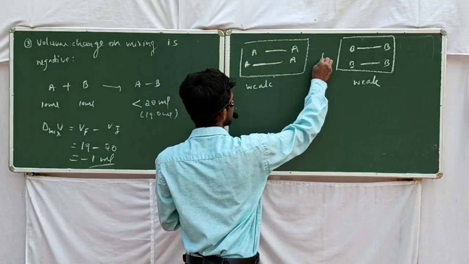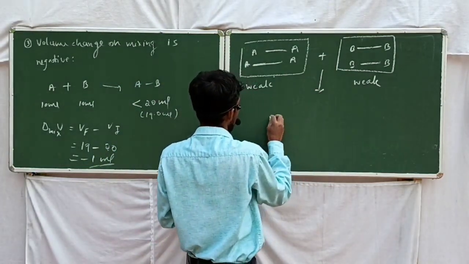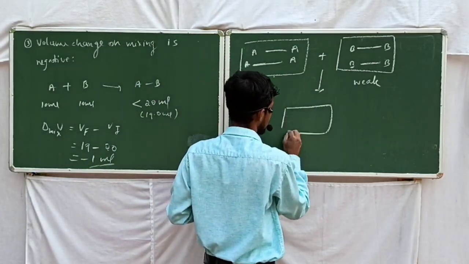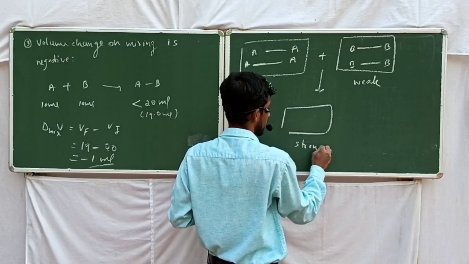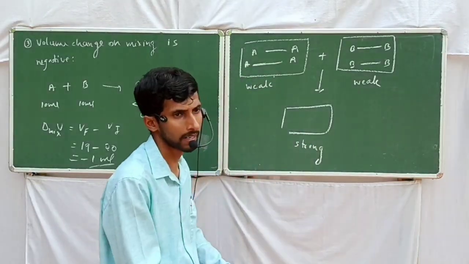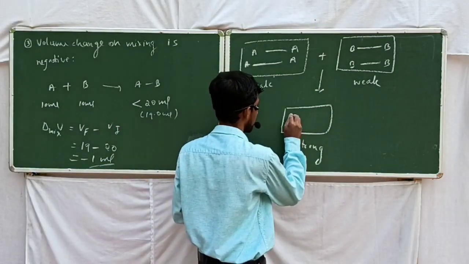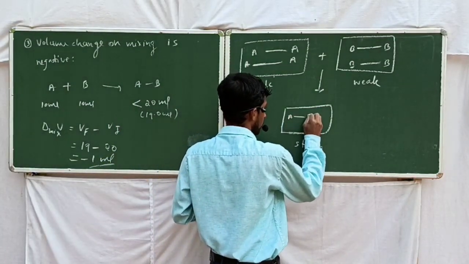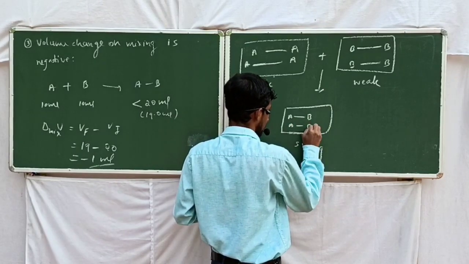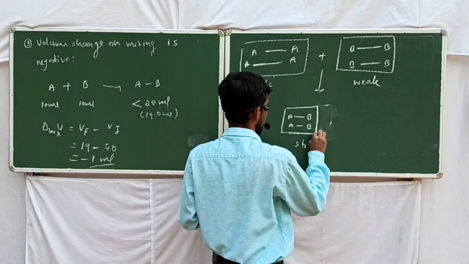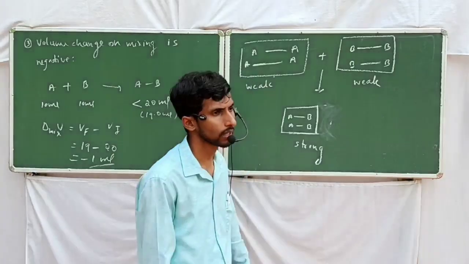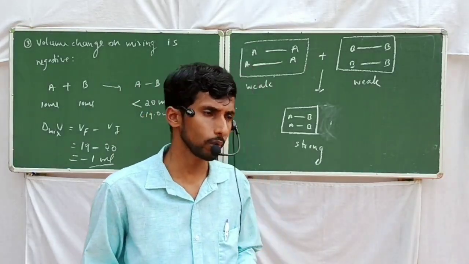Then upon mixing these two components, the magnitude of intermolecular forces of attraction between the molecules of the components increases. If the magnitude increases, then the molecules are tightly bound to each other.